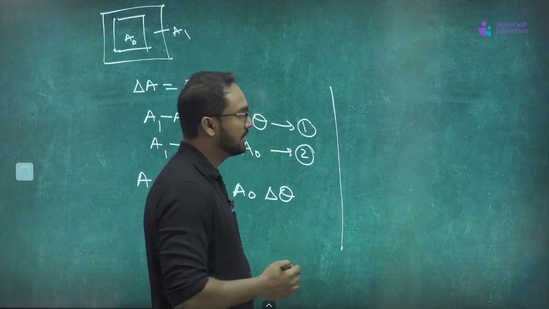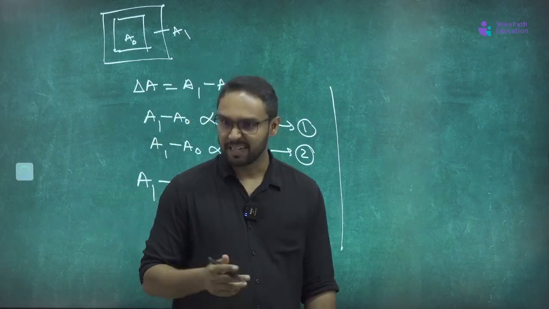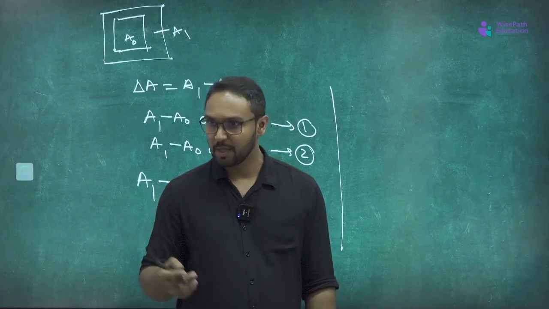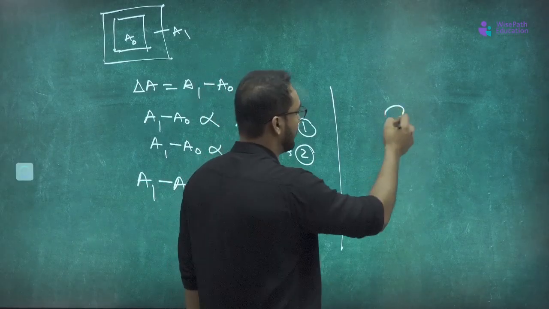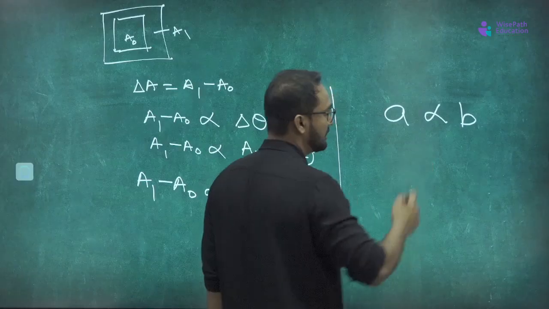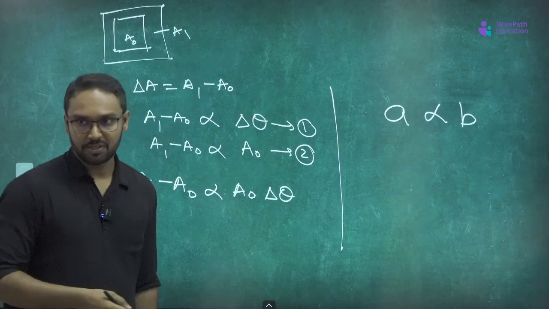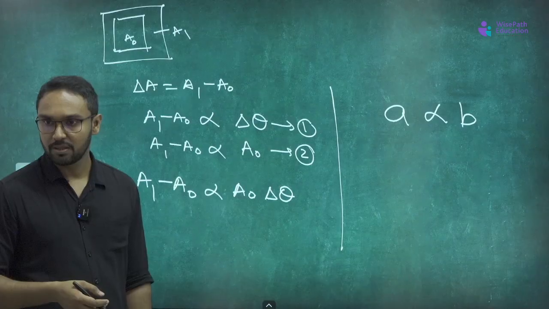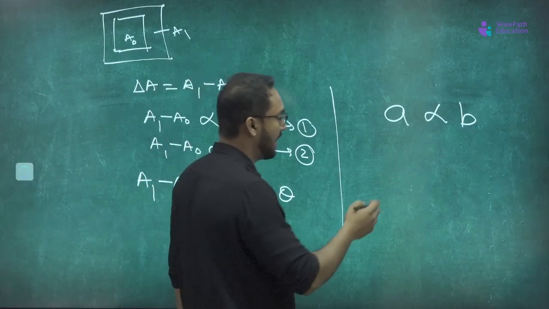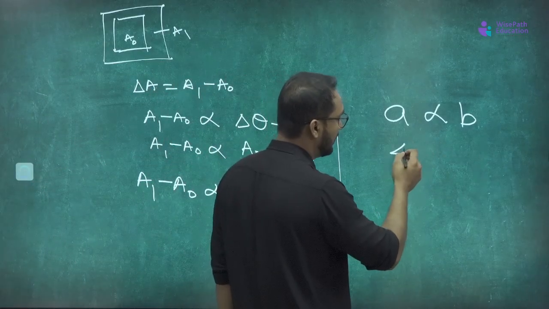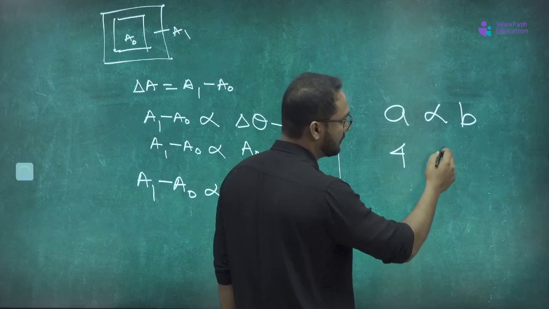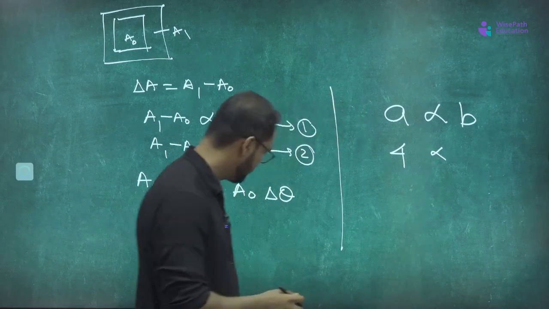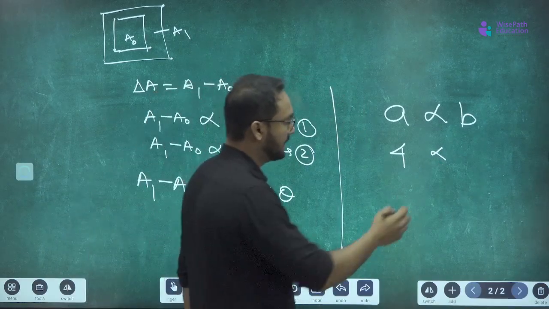Let's say two factors are proportional. Let's say A and B are proportional, so A is proportional to B. Let's say they are directly proportional, which means when A is increasing, B is also increasing. When A is 4, B becomes 8.